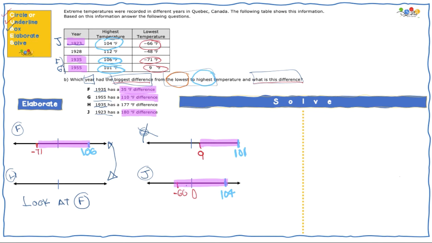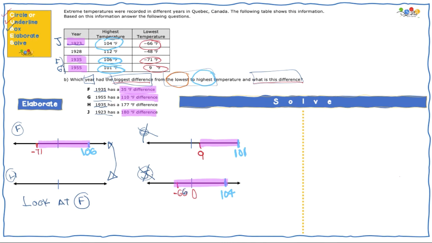F, because it reaches up to 71 and this one barely up to 66. Then also on the right side, F reaches up to 106, but J only reaches until 104. So what value is higher, guys? 106. Great. In that case, J is not going to be our answer either.